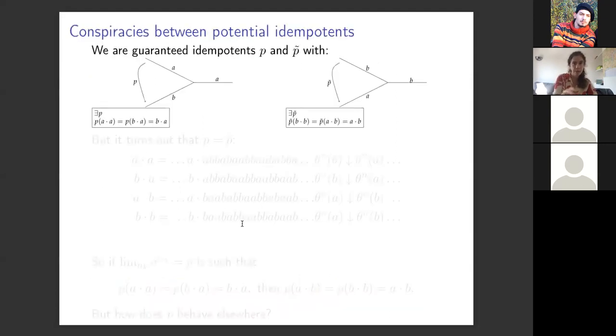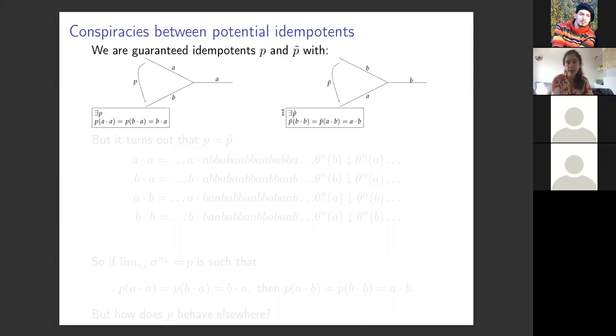Okay, so now let's see what happens. So I have in this picture, A.A is a fixed point and B.A is a fixed point, and this is a right proximal pair. And so I'm guaranteed the existence of a minimal idempotent P, which sends A.A into B.A and which fixes B.A, right?